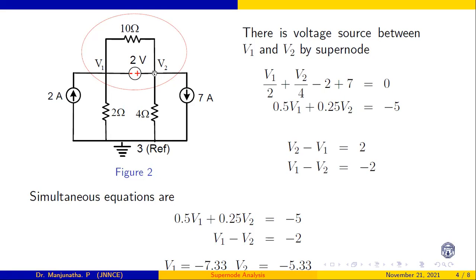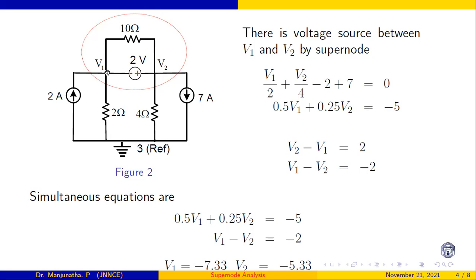Coming to the second node, V2, there is a resistor of 4 ohm, V2 by 4, and the current is moving away from this node, so plus 7. Simplifying this, 0.5 V1 plus 0.25 V2 is equal to minus 5. This is equation 1.